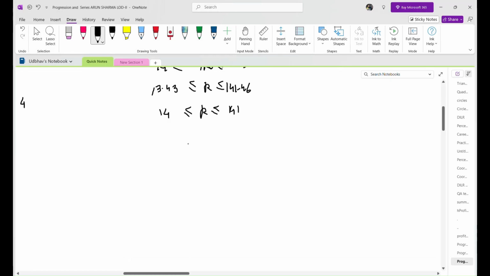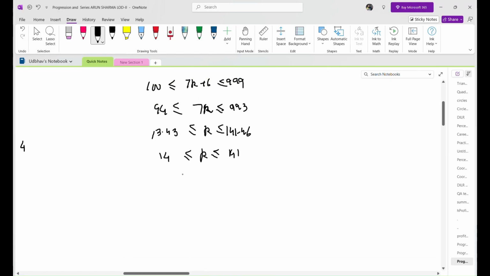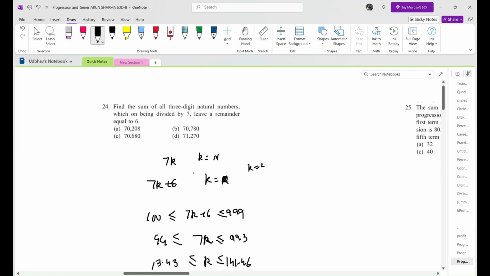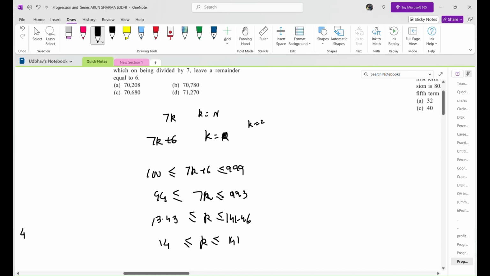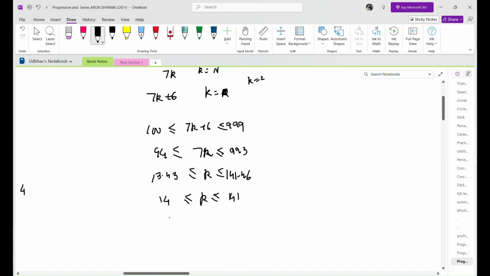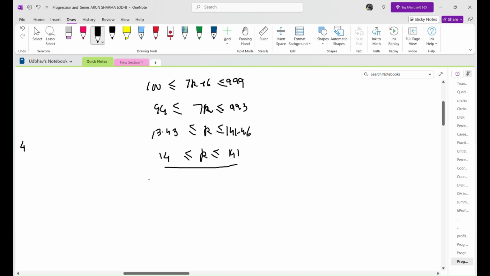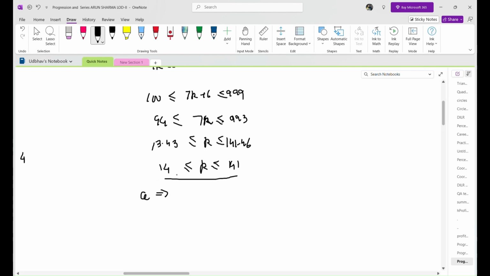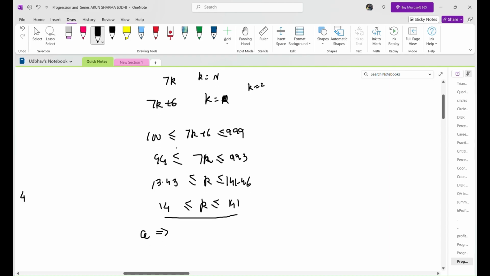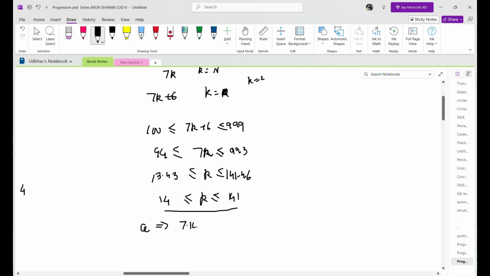So what will be the first term that will be divisible by 7 and give a remainder of 6? We get that first term at k equals 14. 7 into 14 plus 6 equals 104.